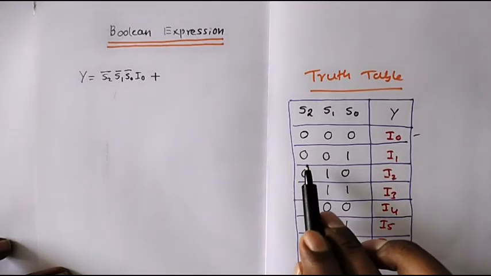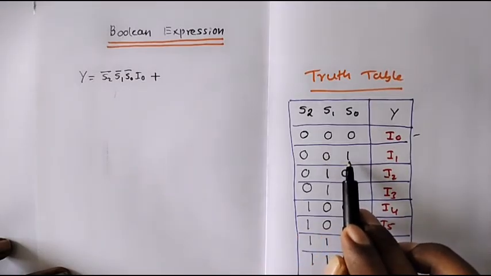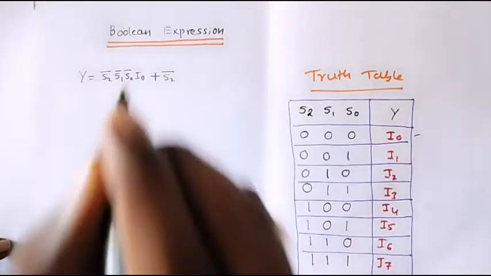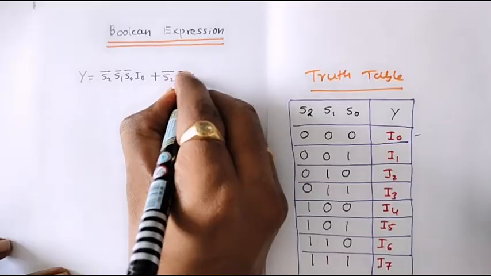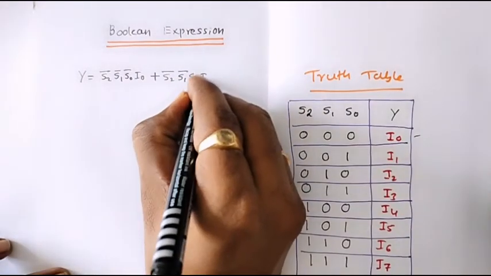We are supposed to represent it as S2 bar, S1 bar and S0. As it is 1, we are supposed to take S0 only, that is S2 bar, S1 bar, S0. The corresponding output is I1.